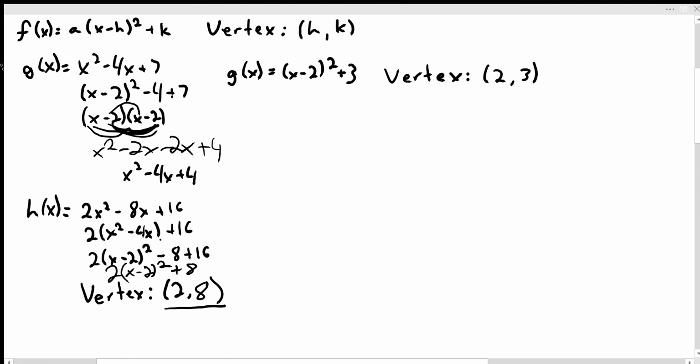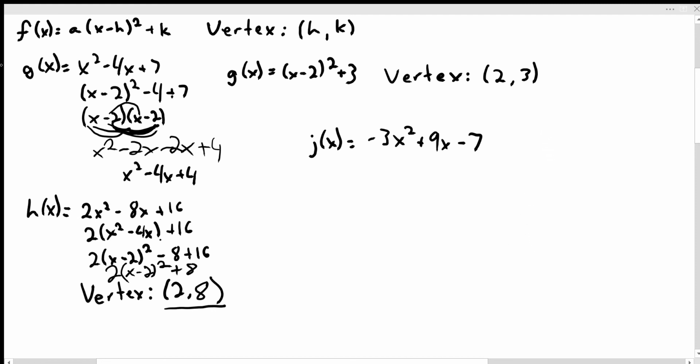Let's try one last example. This time we'll call it j of x. And let's say that this equals negative 3x squared plus 9x minus 7.